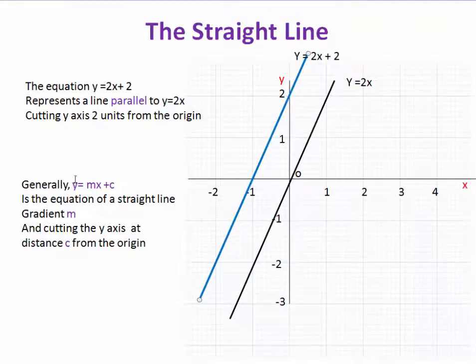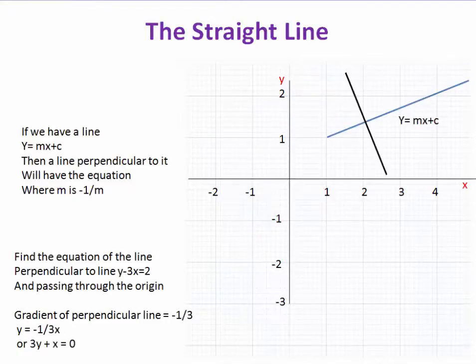So generally speaking, we can have this general equation, y equals mx plus c. So the gradient of the line is m, and it cuts the y-axis at 2, and that's the distance c from the origin. So this is y equals mx plus c, m being the gradient, and c being where it cuts the y-axis.